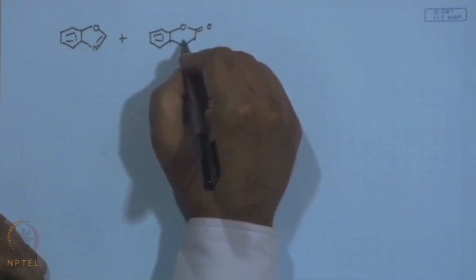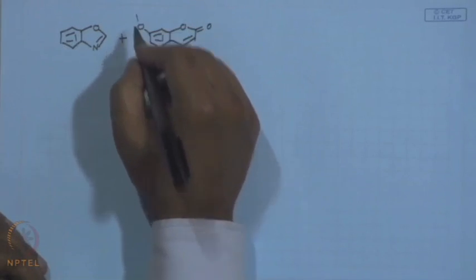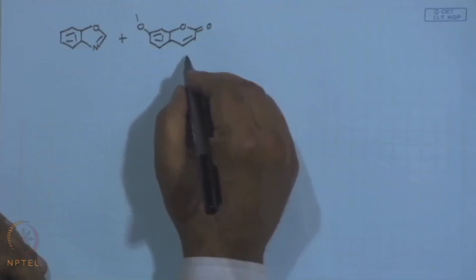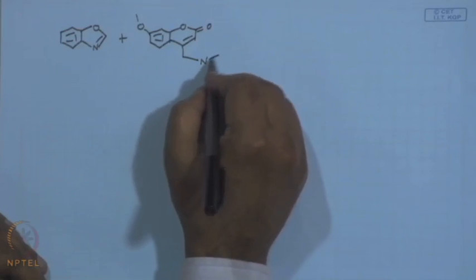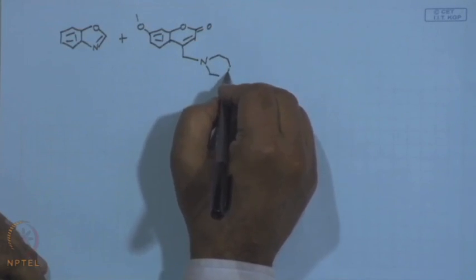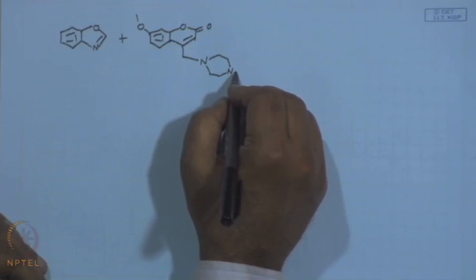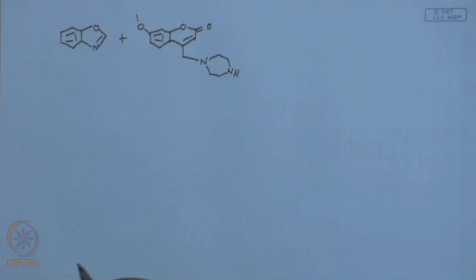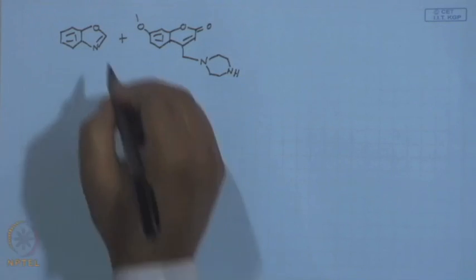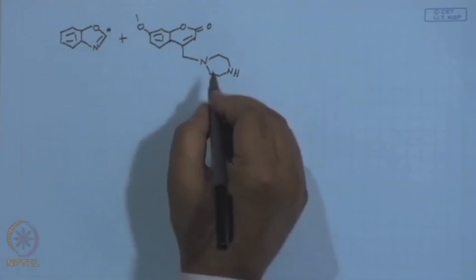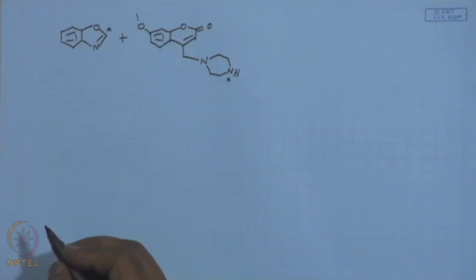You see here you have a methoxy, and the other portion has a piperidine ring system with nitrogen. Fine. So now you have to basically join these two positions selectively.